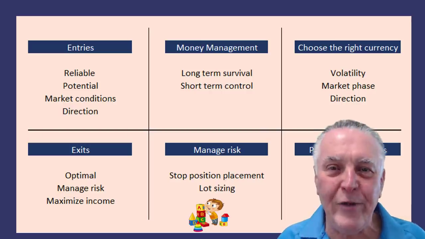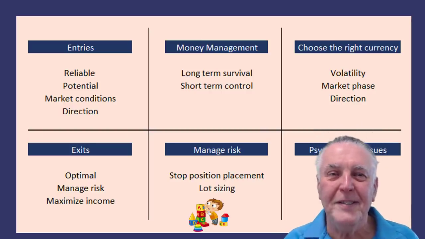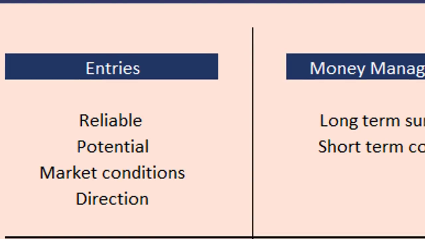So let's look at the entries first. You've got to find a reliable technique that gives you a high success rate on entries. They have to have good potential. It's no good getting an entry technique that only delivers 10 pips or 15 pips. In this particular market, you need one with good potential.